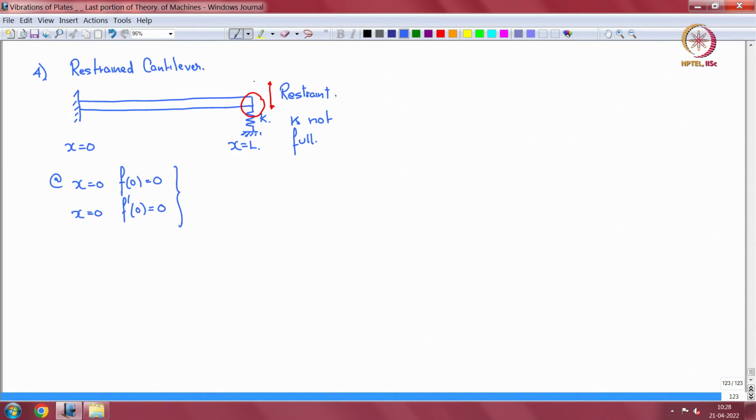It does not have to satisfy the force condition due to the spring, and therefore the cantilever admissible functions hold. I think they were something like x over L to the power i, with i running from 2, 3, etc.